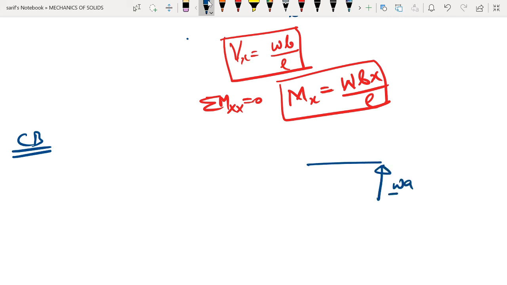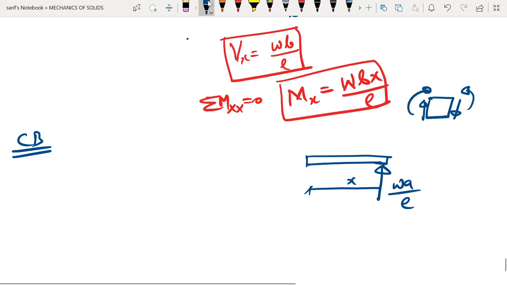This will be WA divided by L, and we are considering X from here, and if we want to draw the bending moment and the shear force diagram, this will be the element that we are considering, and the face will be this.